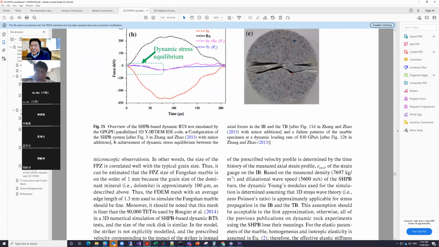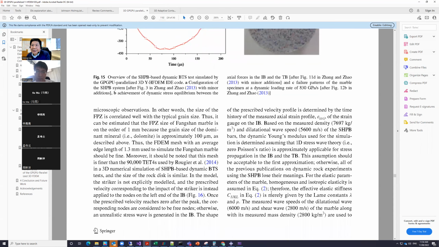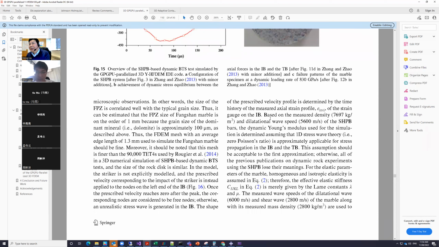So the input parameters: we determine the dynamic ones, reading from here, based on the density and the dilatational wave velocity. So we determine the dynamic Young's modulus.